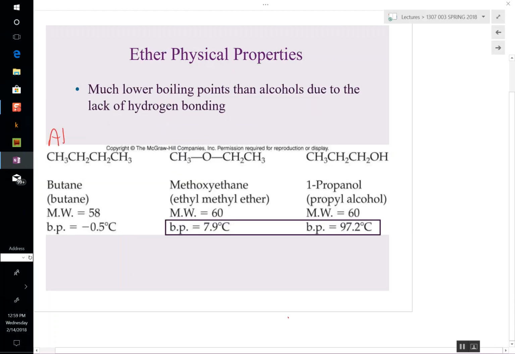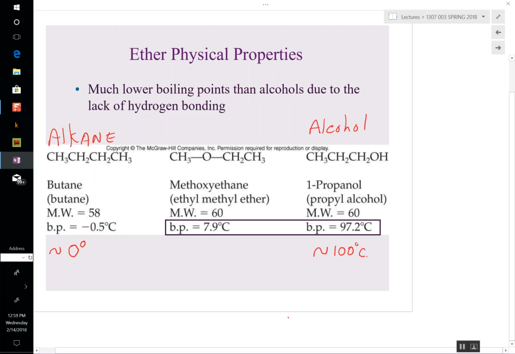Here, let's just think what we're looking at here. Here's an alkane, here's an alcohol. And what we are looking at are molecules that have roughly the same molecular weight. And now let's look over here and round off these boiling points. Approximately 0. The alcohol, what would you round that to? 100. That's what I would round it to.